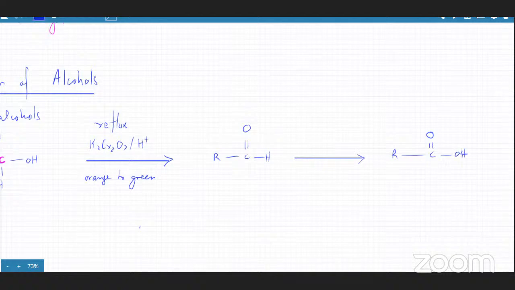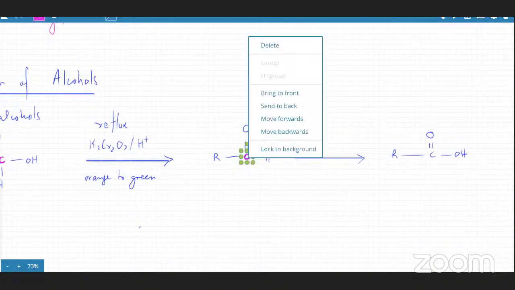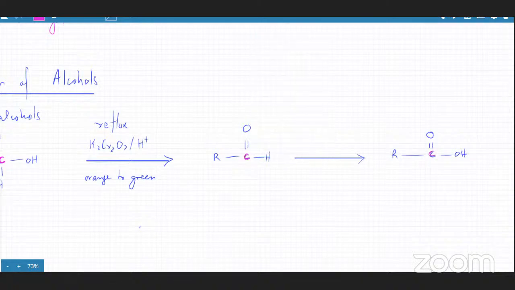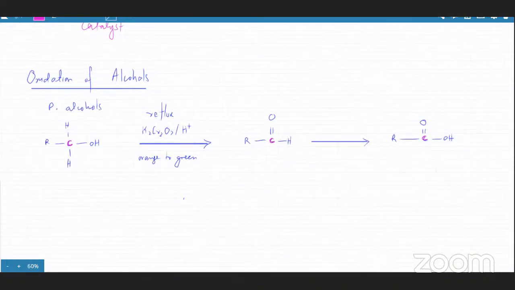All the change that's happening is happening to this carbon atom. So this is the reaction sequence of a primary alcohol getting oxidized.